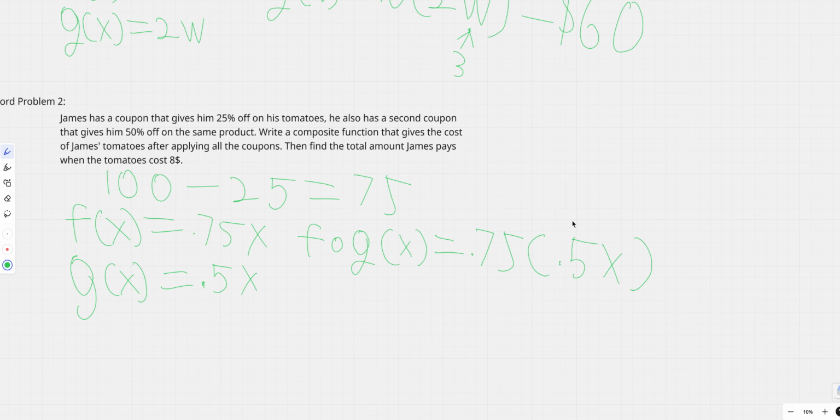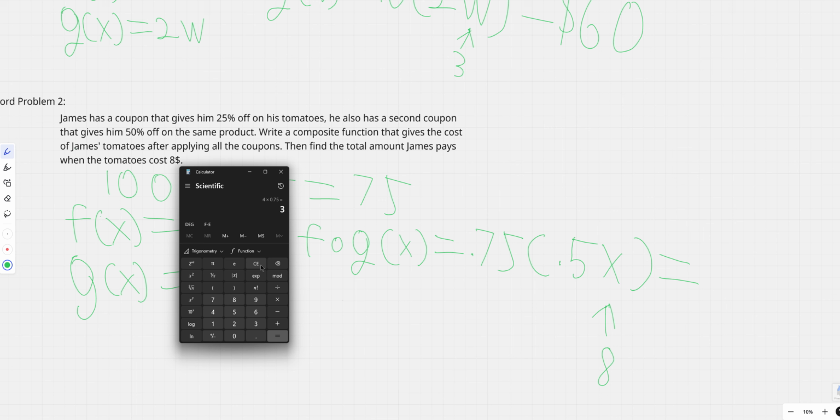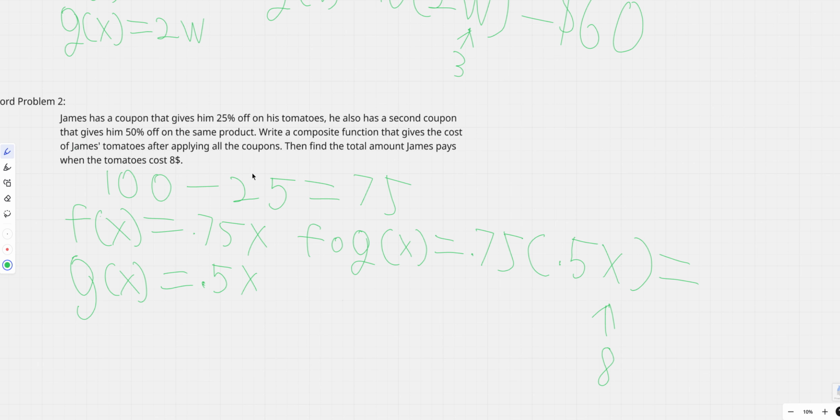Then here we input the cost of the tomatoes without any coupons, and with the coupons it comes to this. So yeah, that makes sense.